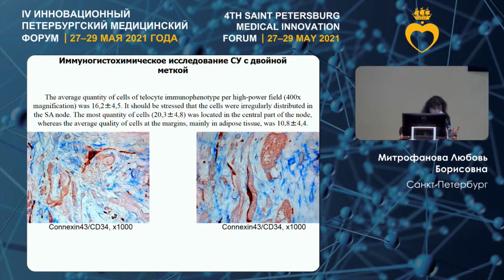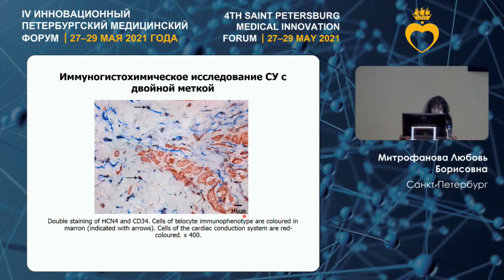That's the double marker, CD34 and connexin 43. On this micrograph, we observe a telocyte, and with its telopodes, it embraces a cluster consisting of 2 pacemaker cells. That's the contact of the telocyte with the muscular fibers of the working myocardium. Then we were surprised to find out that telocytes do contain that ion channel protein.